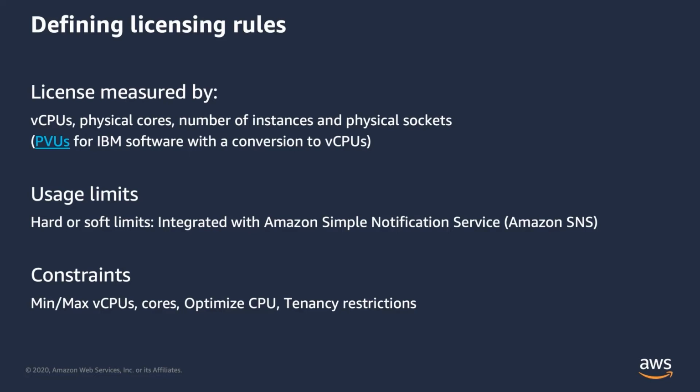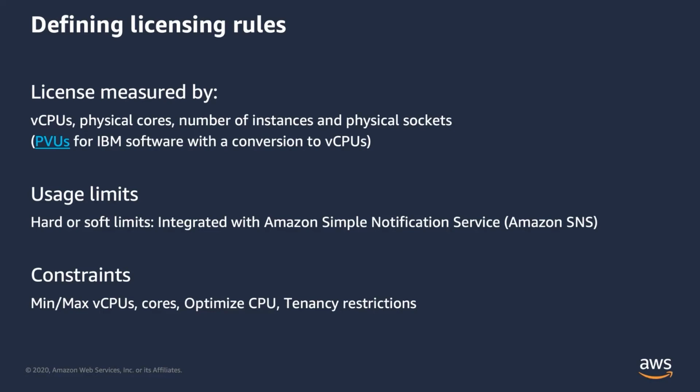With AWS License Manager, you can also specify usage limits. You can specify the number of licenses that you are bringing, and you can define them as either a soft or a hard limit. So this service gives you the flexibility where you have control over multiple knobs and buttons of how you configure the rules.